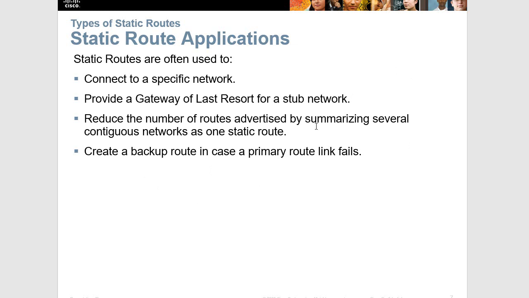Again, we're going to talk about that route summarization process, and we just discussed that static routes are not advertised. They can also create a backup route in case a primary route link fails. That's going to be a floating static route that we'll discuss in just a minute. That's a static route that you raise the administrative distance of manually, which is a very easy process. It's just one number you type in.